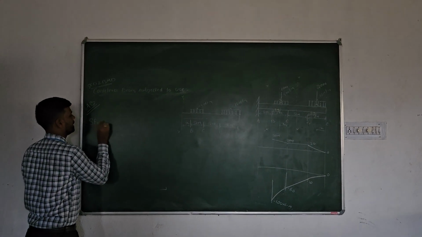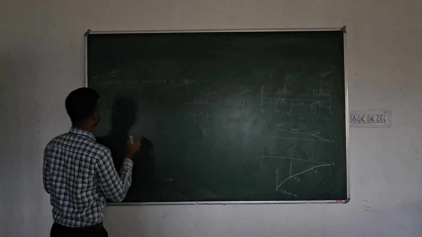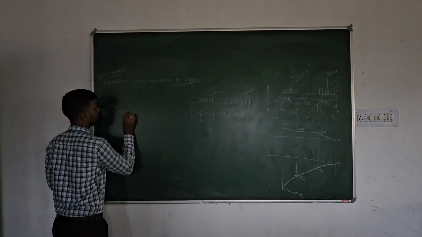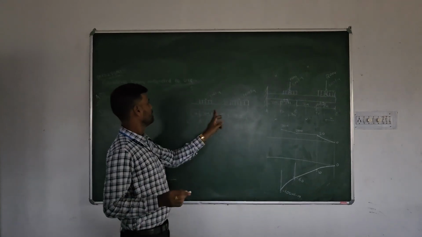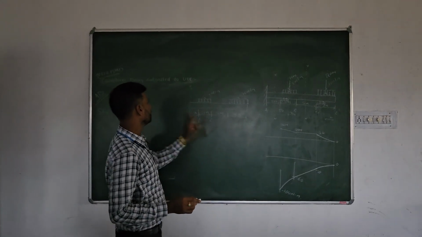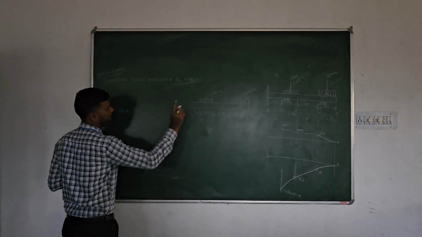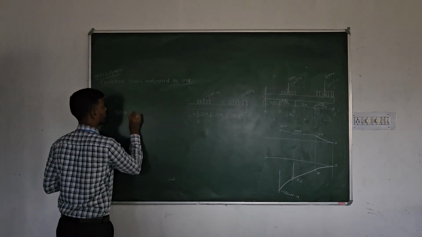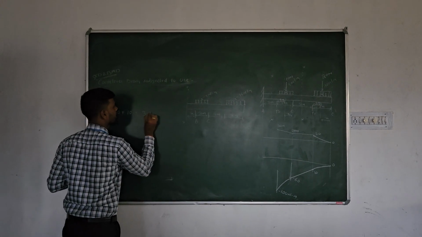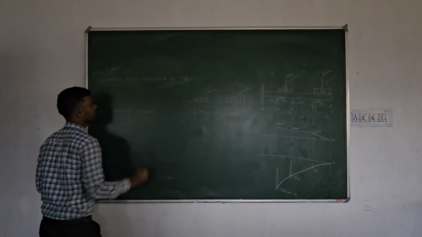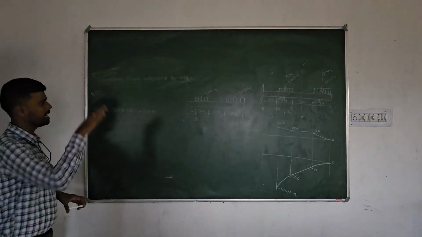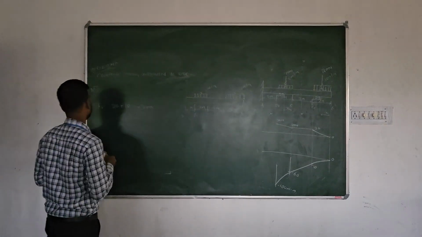SF at x is equal to 20 plus, here no force is there, here only 5 Newton per meter up to 2 meter, so 10, that is 30 Newton, and again this is positive because right side is going in the downward direction.